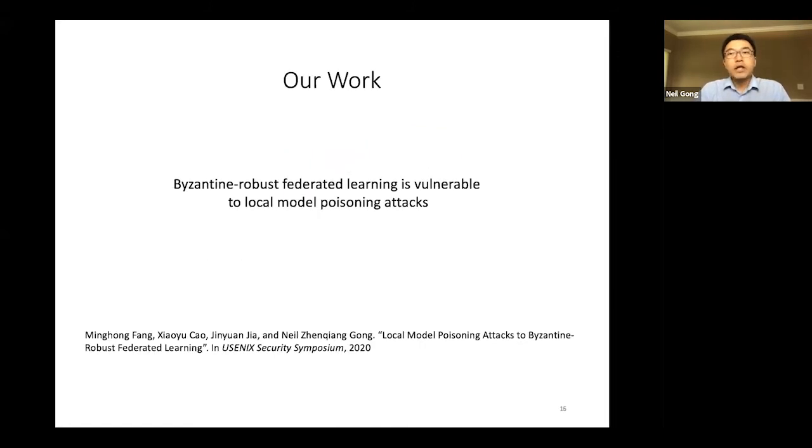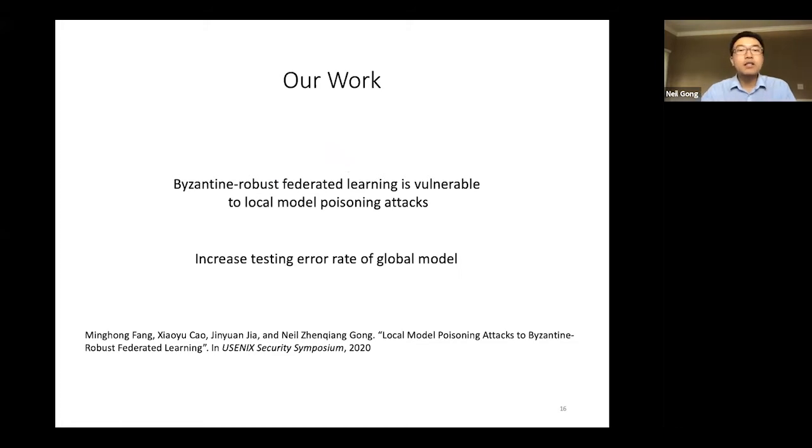Our work shows that these Byzantine-robust federated learning methods are still vulnerable to local model poisoning attacks. In particular, an attacker can still substantially increase the testing error rate of the global model learned by a Byzantine-robust method.